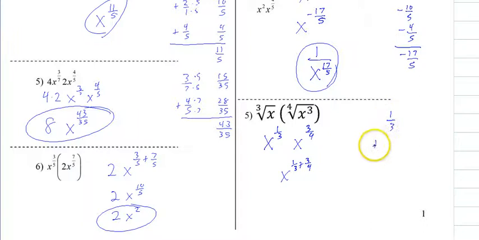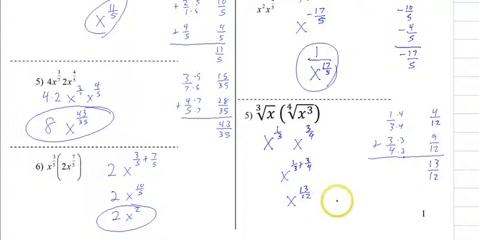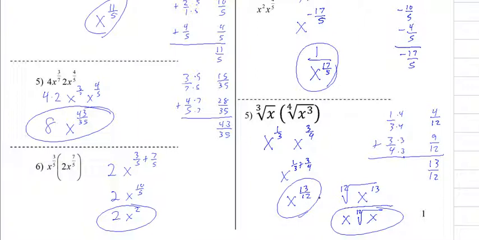So 1/3 plus 3/4 is 13/12, and there it is, x to the 13/12. If we want to write it as a root, that would be x to the 13 over 12, which would be the 12th root of x to the 13. Either form is good, but you notice we simplified them.